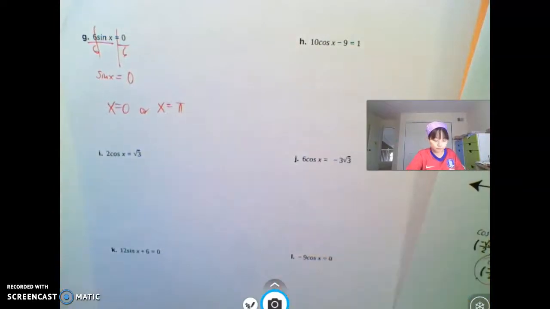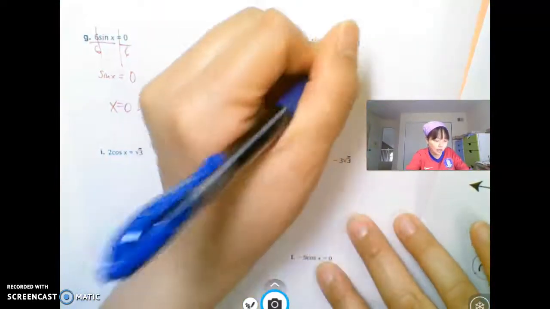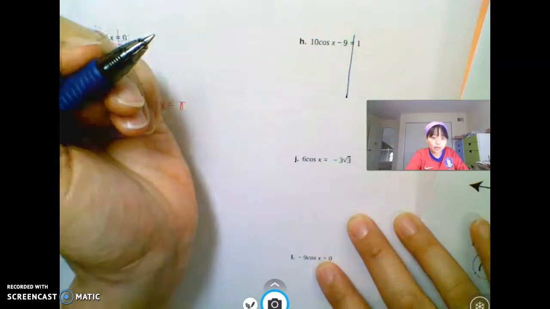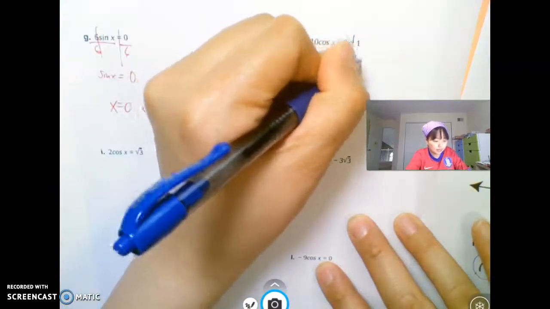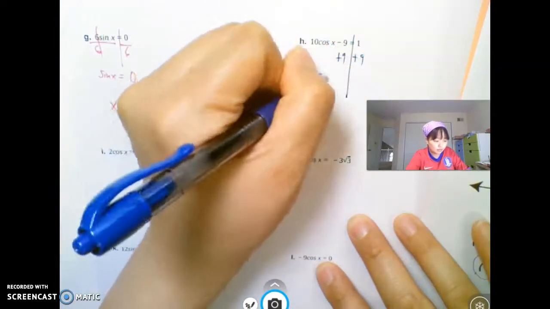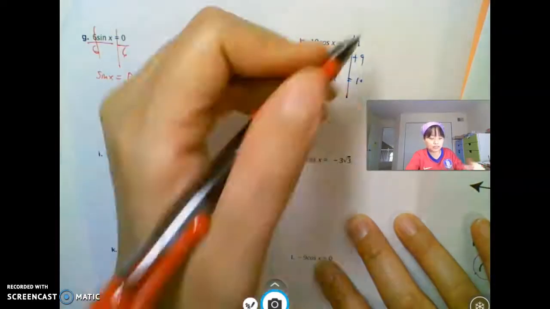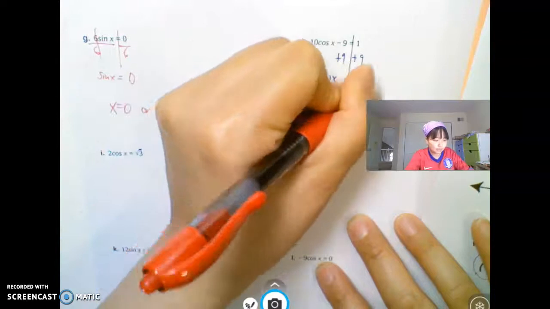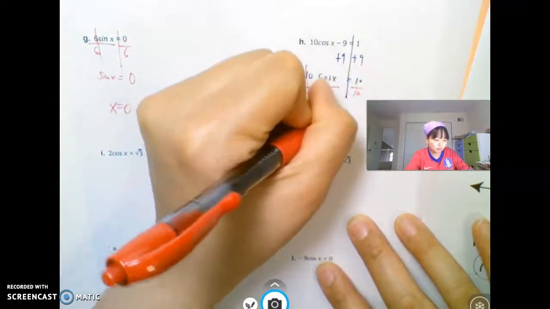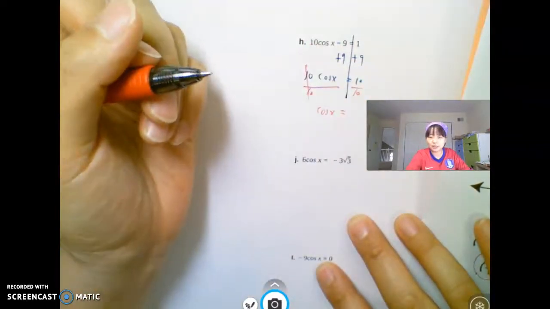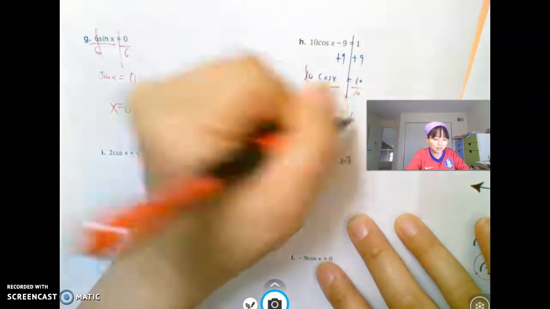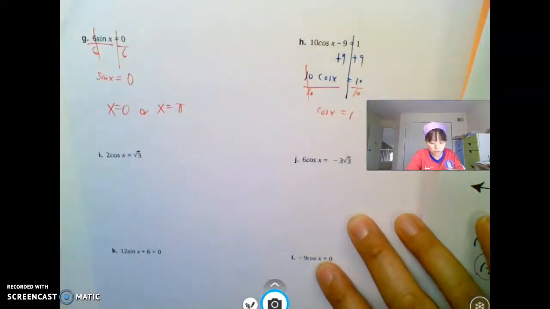Cool? Let's do H and call it a day. Here, is there something to add? Yes, 9. Is there something to divide? Yes, 10. Oh no, I don't know why I keep thinking these are going to turn out to be 0. This is still 10 over 10, which is 1. So 1 is a special one.